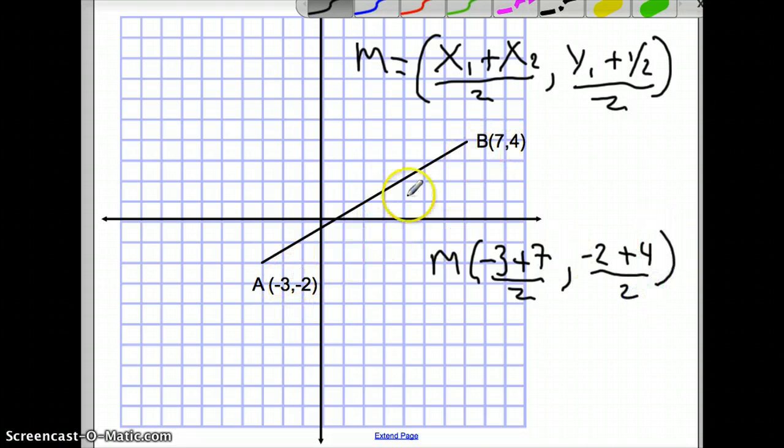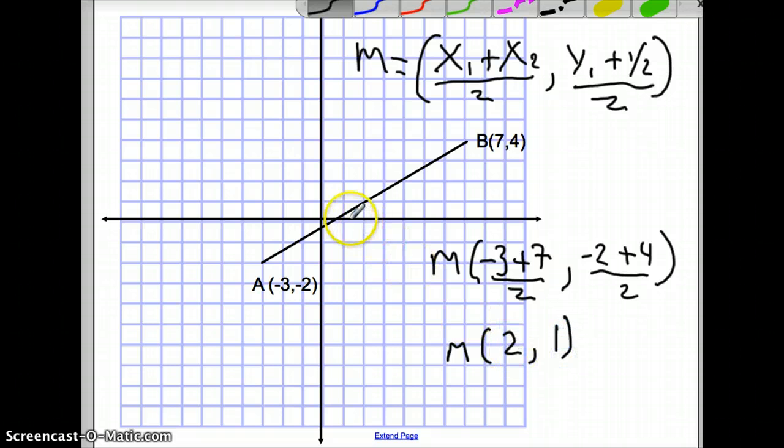So the average of those two and the average of these two. So basically our midpoint is going to be minus 3 plus 7 is 4, divided by 2 is 2. Minus 2 plus 4 is 2, divided by 2 is 1.